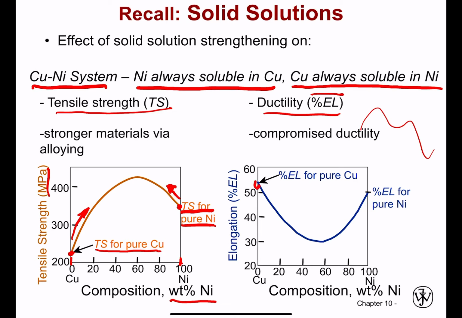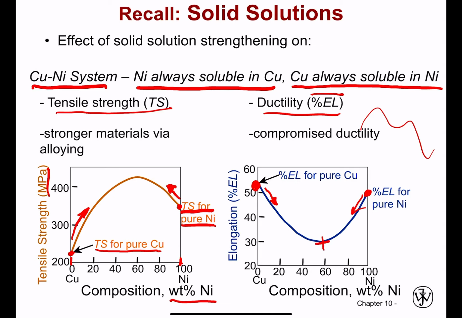Again, pure copper is at left, pure nickel is at right, and those pure materials have similar percent elongation, around 50% at the failure point. As we introduce the complement metal, we start to decrease that percent elongation at failure and ultimately reach a minimum value here.